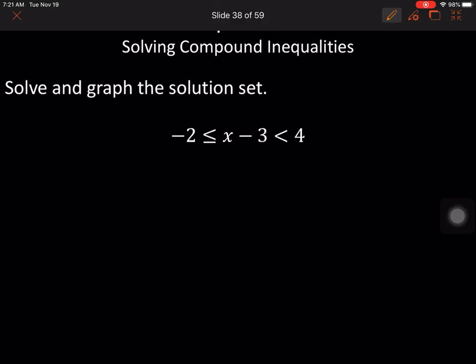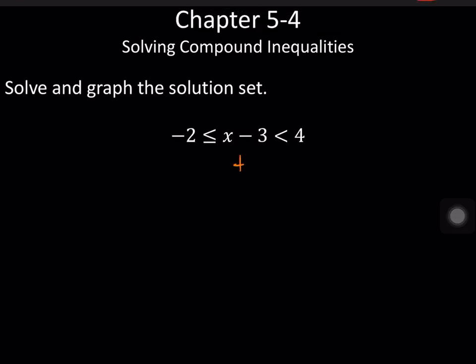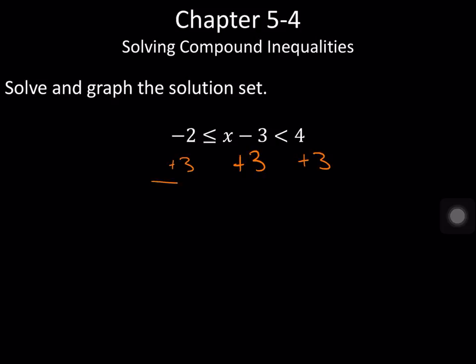So I think it's pretty clear that we've got to add 3 in the middle, and that's going to get the variable by itself. But that means I've got to add 3 here and add 3 here, right? What I'm doing to one side of the inequality, I'm doing to all sides of the compound inequality. So that's going to get x all by itself, and 4 plus 3 gives us 7, minus 2 plus 3 gives us 1.